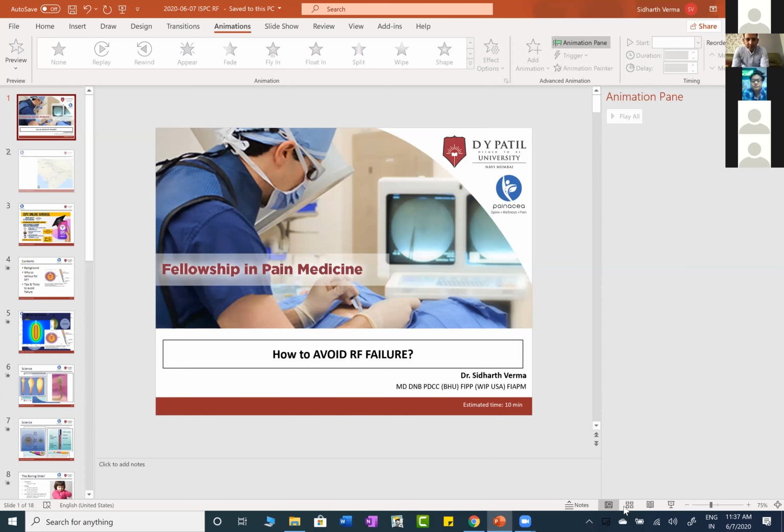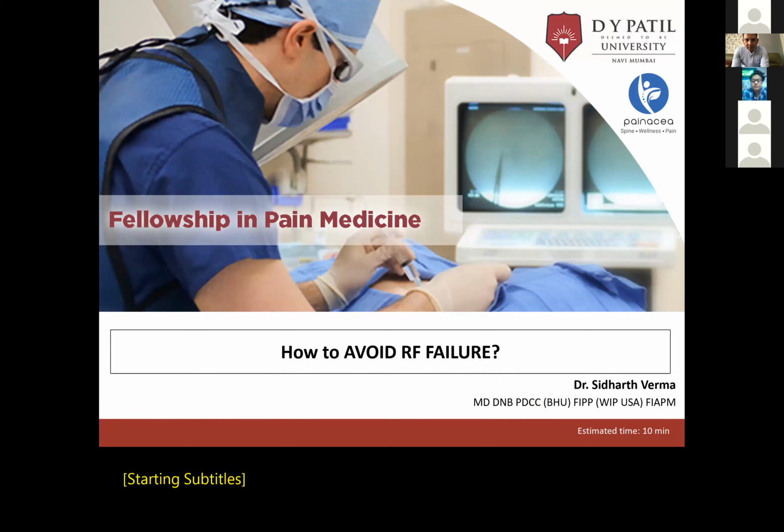Dr. Sidharth Verma has been working as a pain physician for more than 6 years. After passing the MBBS and MD, he joined as PDCC in BHU and also abroad.